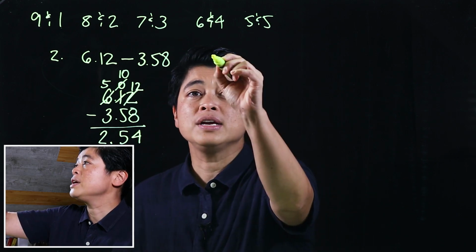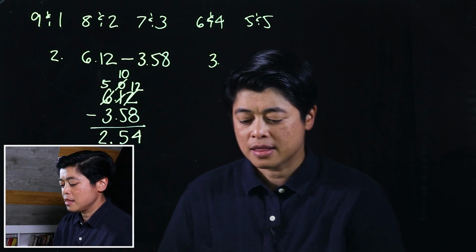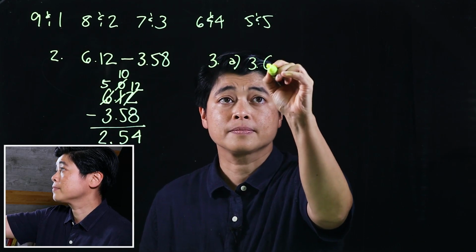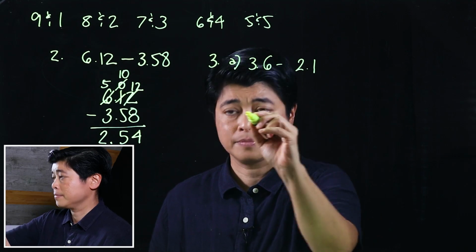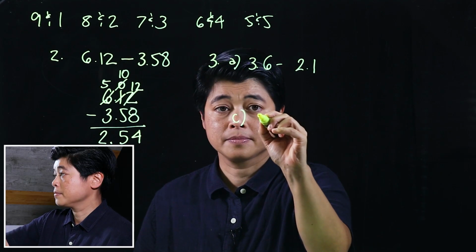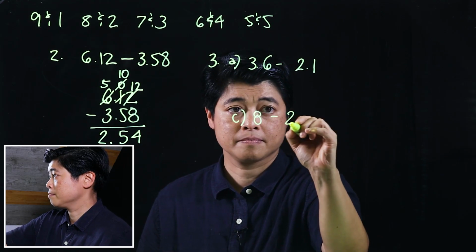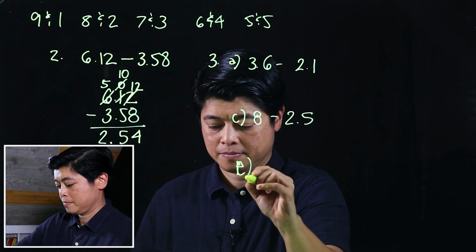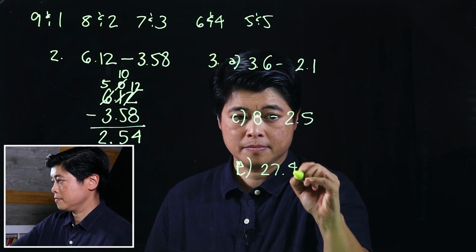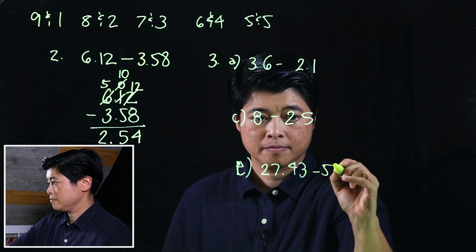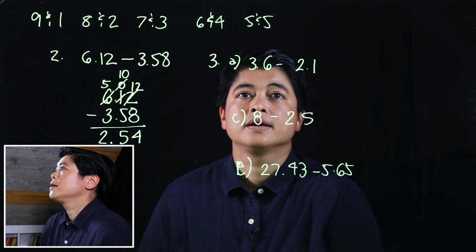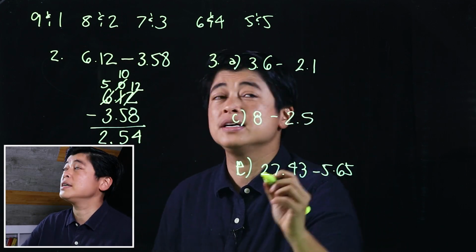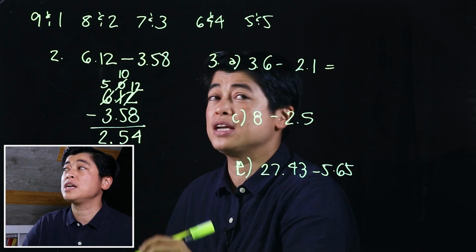Now, continuing on with number 3, there's a few problems here. Okay, so the first number, these are small numbers, so it's useless to do computational.